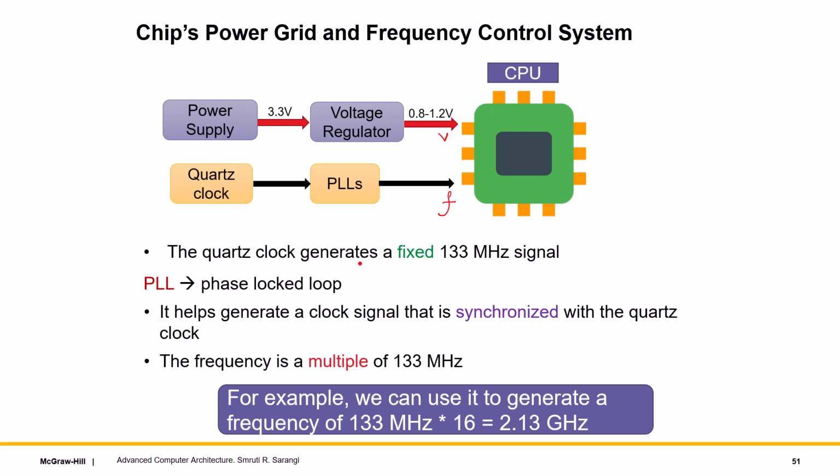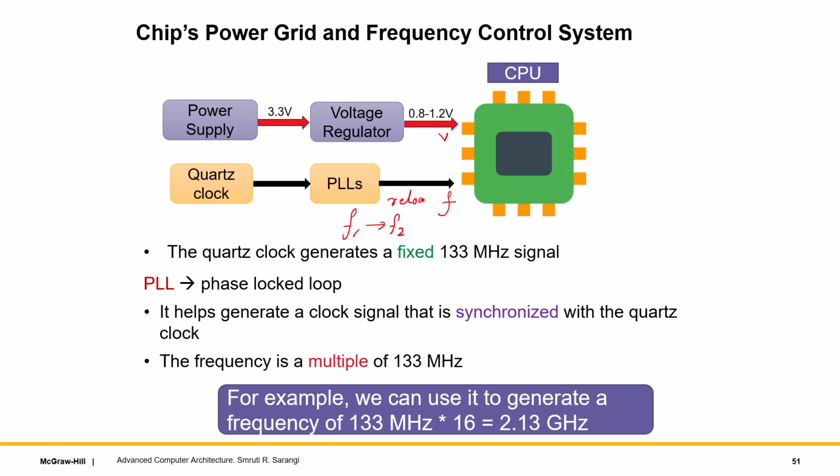If you want to generate a frequency, you need to tell the PLL, look, I want to generate 2.13 gigahertz. This is 133 megahertz times 16, so you essentially do a frequency multiplication with the factor 16. It will do that, and of course distinct factors are possible, but arbitrary factors are not. To go from one frequency to another, the PLL needs to relock.